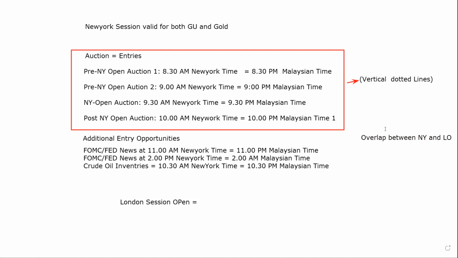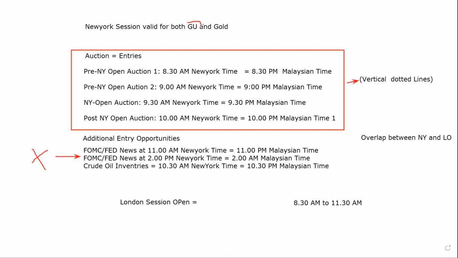And this overlap is from when to when? Let me show you. From 8:30 a.m. to 11:30 a.m. So of course you can trade this news as well, both of these news, but you cannot trade this kind of news, which comes at 2 p.m. You cannot trade this because there is no overlap with the London session.